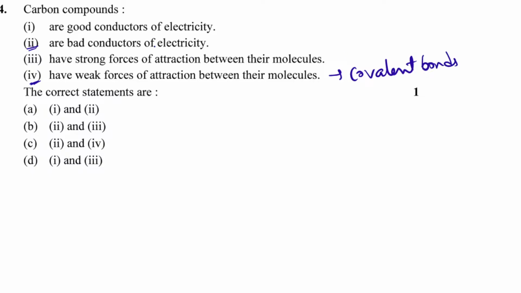They are bad conductors of electricity because carbon is a non-metal. Only metals are good conductors of electricity, whereas non-metals are bad conductors. Hence the option should be 2 and 4.